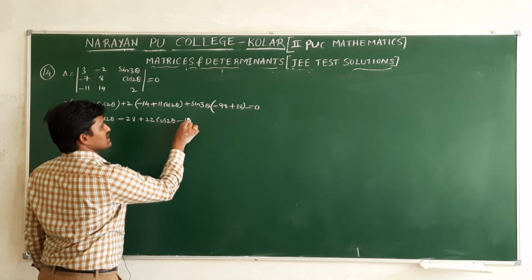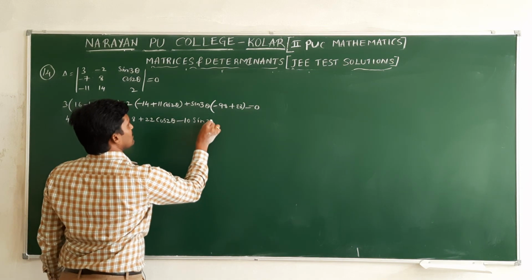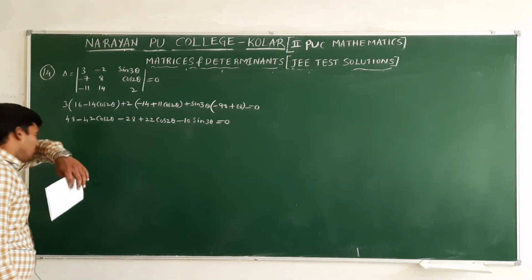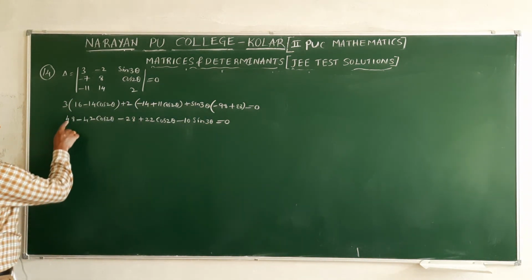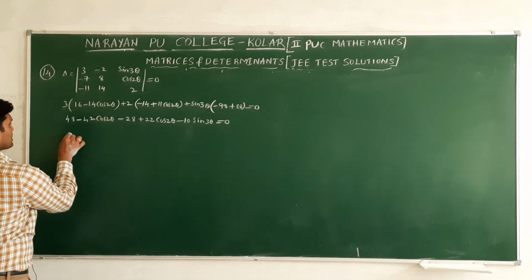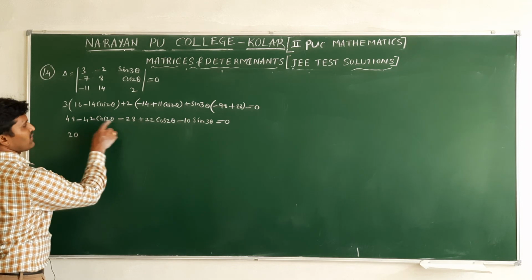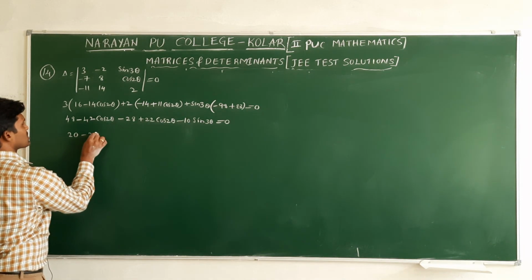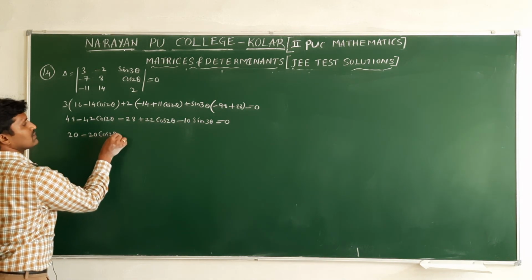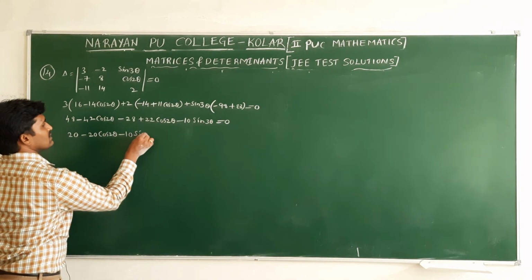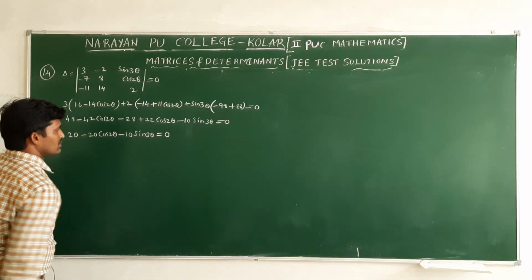This is minus 10 sin 3 theta equal to 0. Now simplify: 48 minus 28 is clearly 20. Minus 42 plus 22 is minus 20 cos 2 theta, minus 10 sin 3 theta equal to 0.